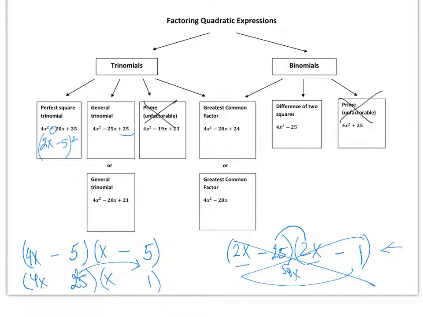In this case, minus 5x in the middle, minus 20x. Oh, we are lucky. So that gives us a correct factorization. If it didn't work, we would have to check this one. And if this didn't work, we would have to swap them around and check it again. But in our case, we already know the answer. So it's 4x minus 5, x minus 5.